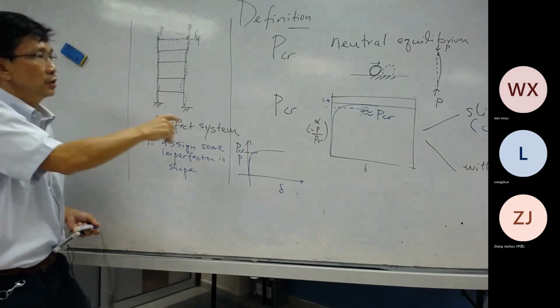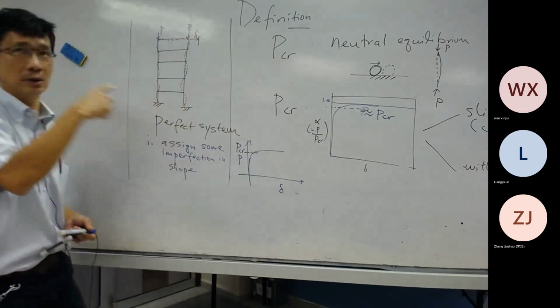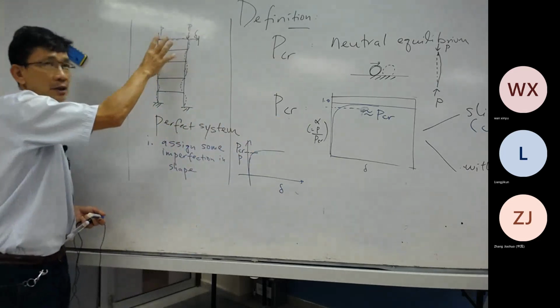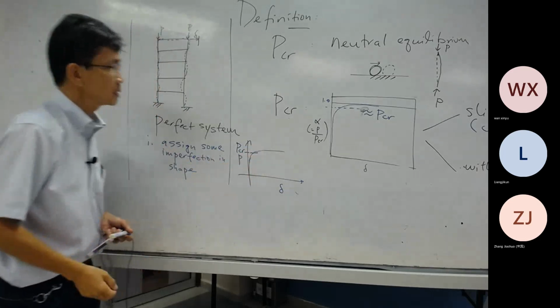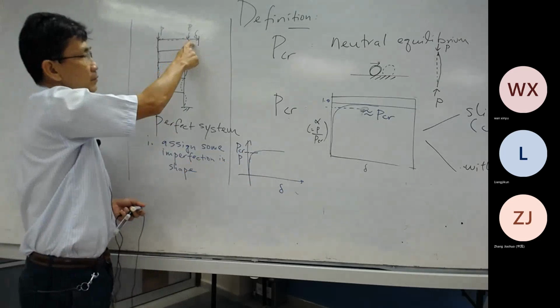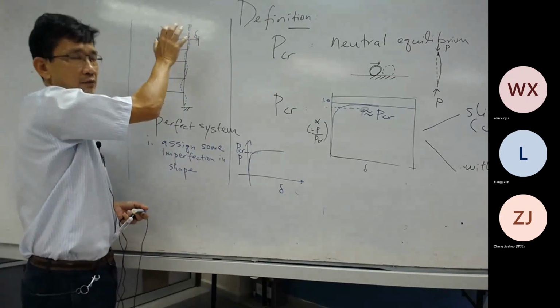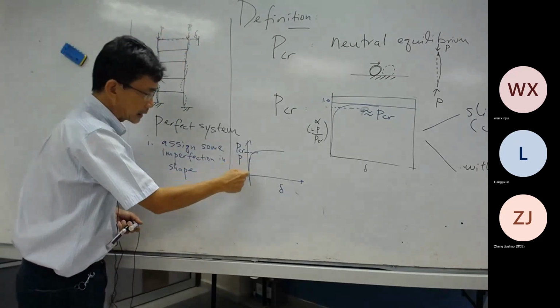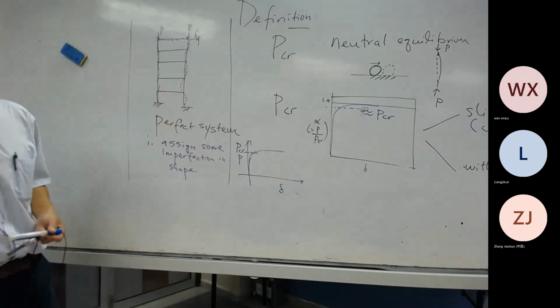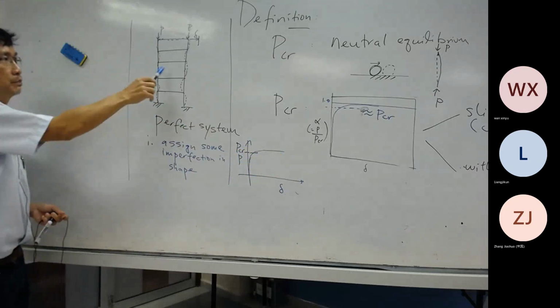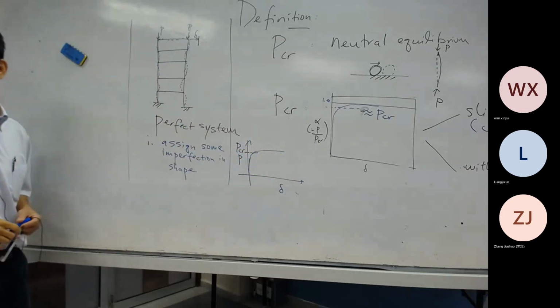But if you want to use this criteria, this is one of the ways you disturb it, you make it imperfect. Then you plot a graph like this. You have to choose some of the deflection that you have to identify. Then at the point where, when you increase P further, suddenly deflection increases a lot, we take that as the P critical for this example.